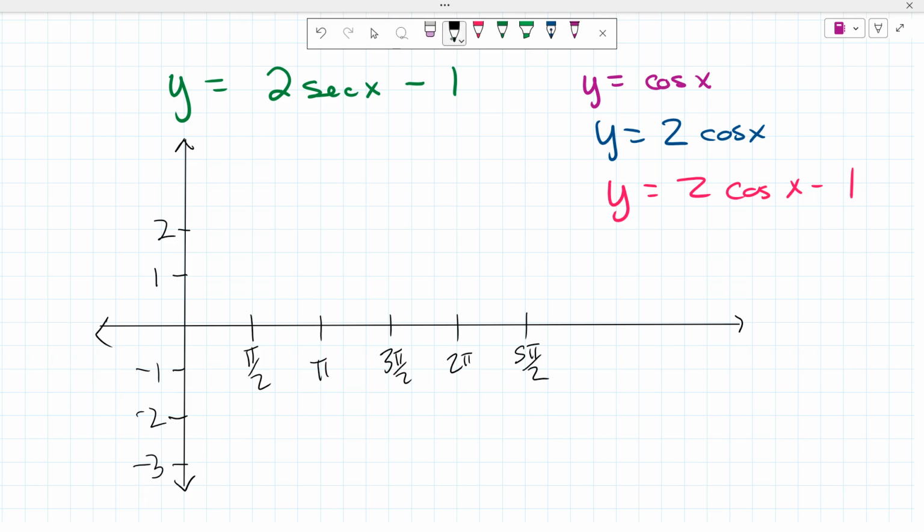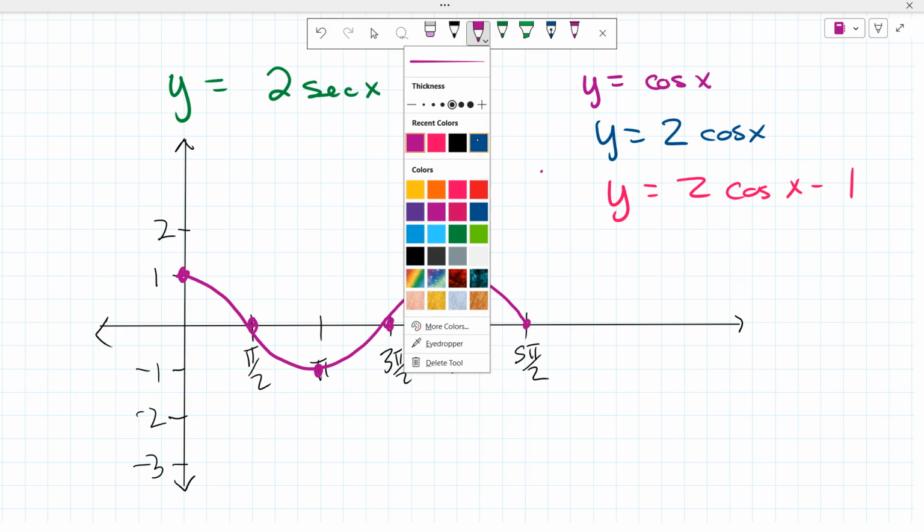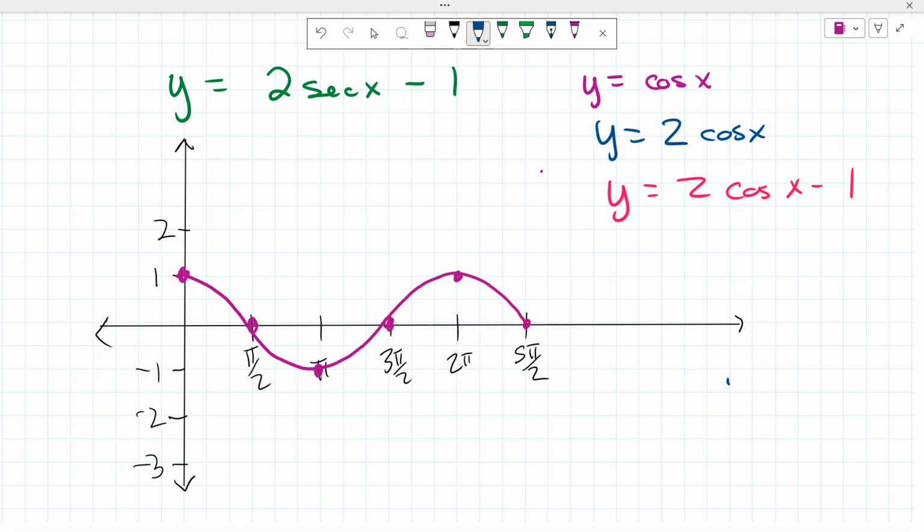All right, so the cosine of x curve starts at 1, goes to 0, goes to negative 1, goes here, goes here, goes here. What does 2 cosine of x look like? What does that 2 in front do to the cosine curve?